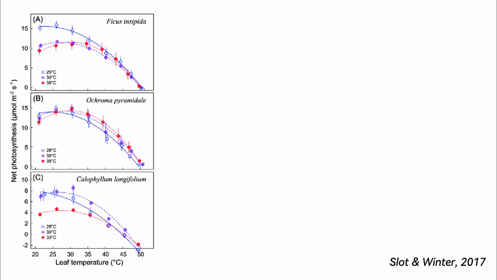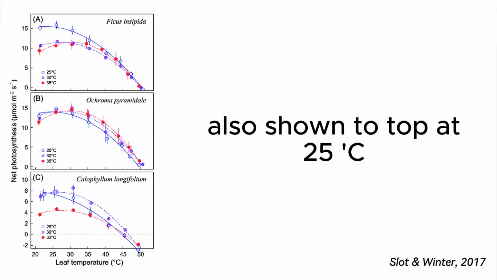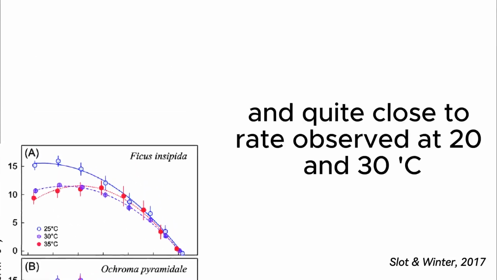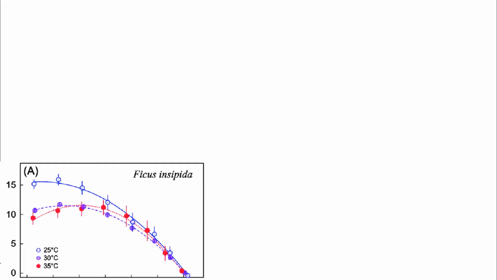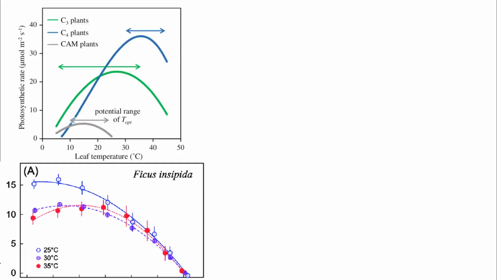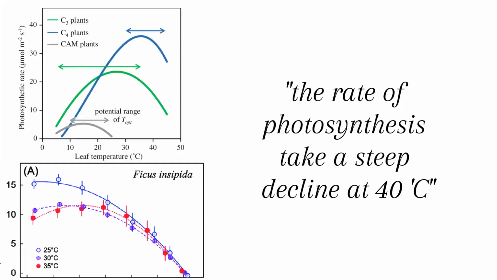This chart shows photosynthesis rates of Ficus insipida, which falls under the same genus as Ficus septica, also shown to top at 25 degrees Celsius, and quite close to the rates observed at 20 and 30 degrees Celsius. Both publications show that the rate of photosynthesis takes a steep decline at 40 degrees Celsius. This quite literally supports our findings.